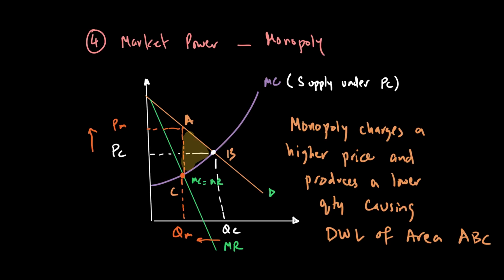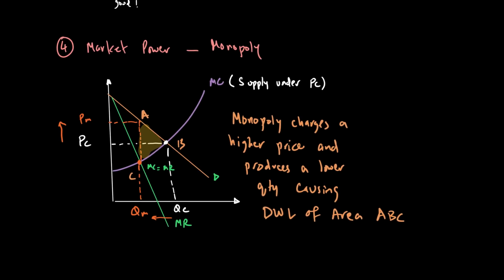So there is a deadweight loss of area ABC because the monopoly is underproducing and overcharging.